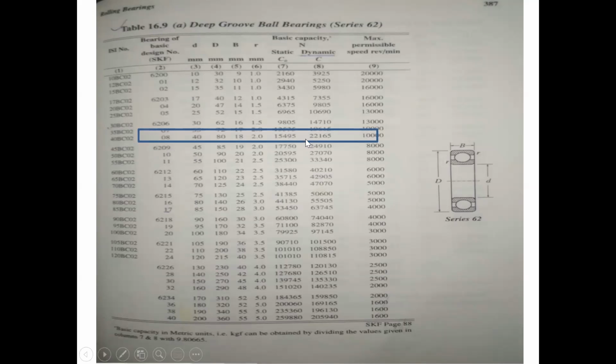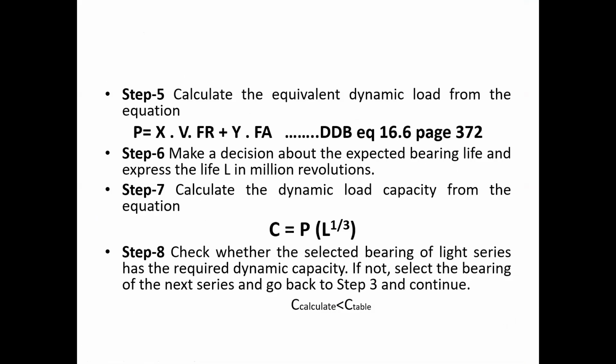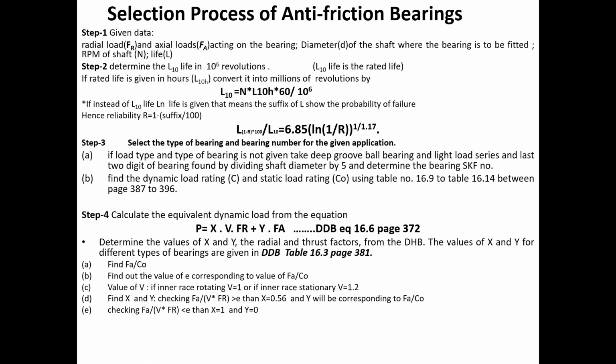From here we can read the value of the basic capacity in static condition and the basic capacity in dynamic condition. That is the static load rating and this is the dynamic load rating. So we will write down C naught and C, where C naught is the static load capacity of the bearing and C is the dynamic load capacity of the bearing. So from these tables, we can have the value of dynamic load rating C and static load rating C naught.